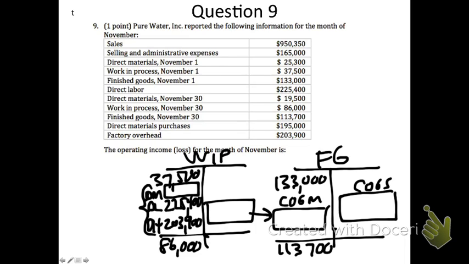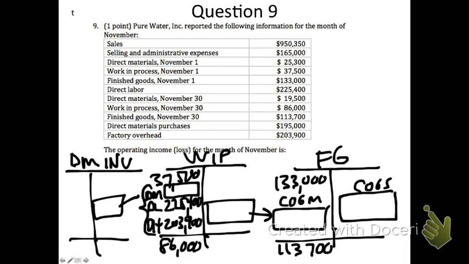But we don't know direct materials, so now we have to go back to direct materials inventory. So we know that this amount that would be the credit has to be the debit to work in process for materials. And so materials at the beginning is 25,300. Materials at the end is 19,500.